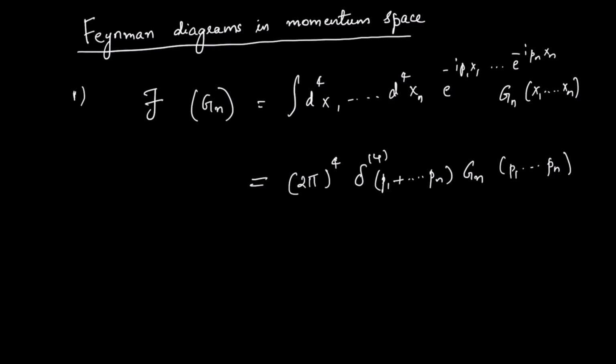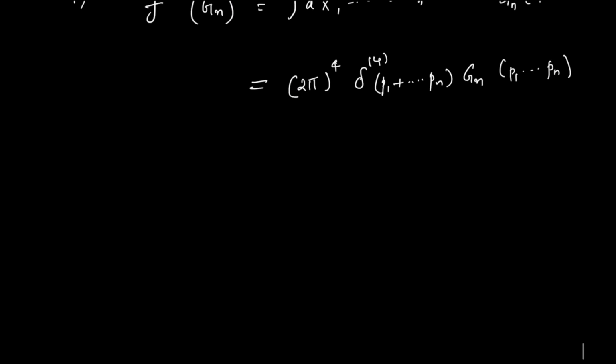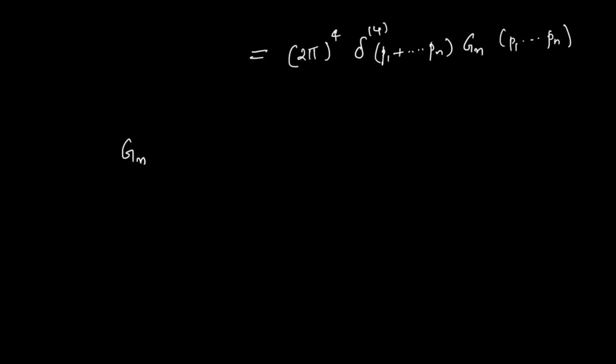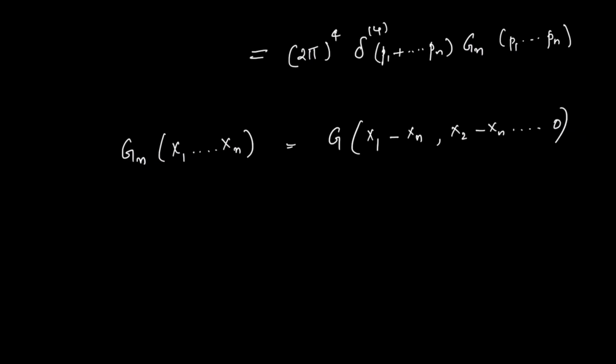In translational symmetry, there is a freedom to subtract all the coordinates by taking a point as a reference. That is, G_n of x_1 up to x_n, the n-point function in coordinate space, can be written as G of x_1 minus x_n, x_2 minus x_n, up to 0. So when you plug this into the Fourier transform, then you get a delta function.